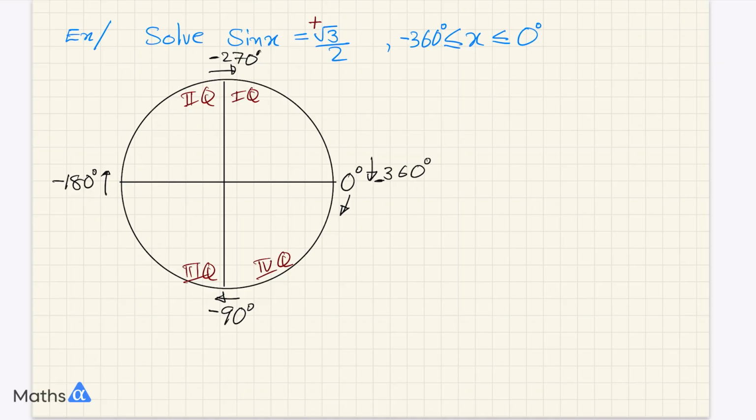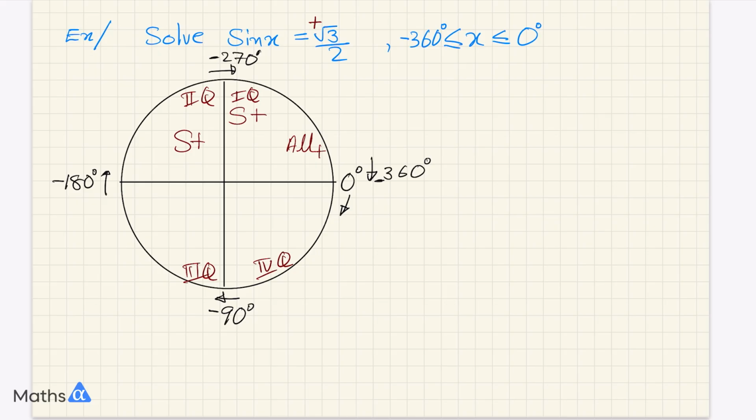We know that sine is positive in the first quadrant, right? Because all are positive here. And in the second quadrant, sine is positive. So basically we need to find angles from the first quadrant and the second quadrant. That is the first thing we need to notice, and we need to make that decision.